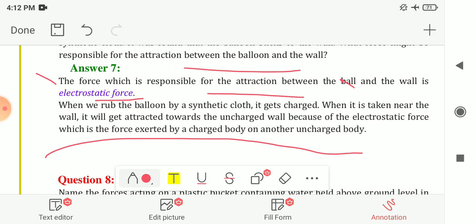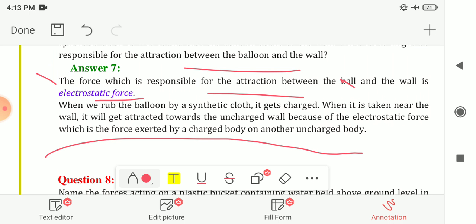When we rub the balloon with a synthetic cloth, it gets charged, and when it is taken near the wall, it will get attracted towards the uncharged body, that is the wall, because of the electrostatic force, which is the force exerted by a charged body on another uncharged body. We know that because of the electrostatic force, the charged body is attracted towards the uncharged body.